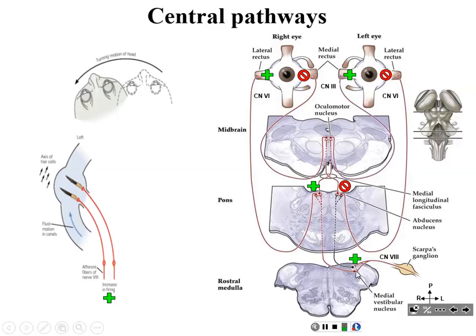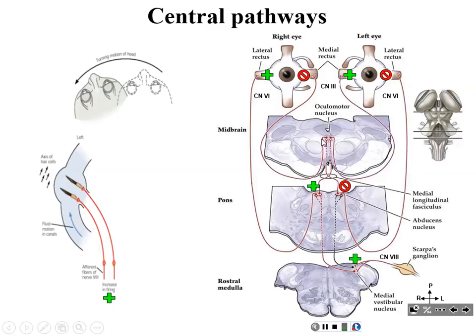One excitatory that crosses the midline and goes into the abducens nucleus, and one inhibitory that remains ipsilateral. From the abducens nucleus, the projections go to the lateral rectus or to the medial rectus going through the oculomotor nucleus. In order to get to the oculomotor nucleus, axons have to cross the midline again.